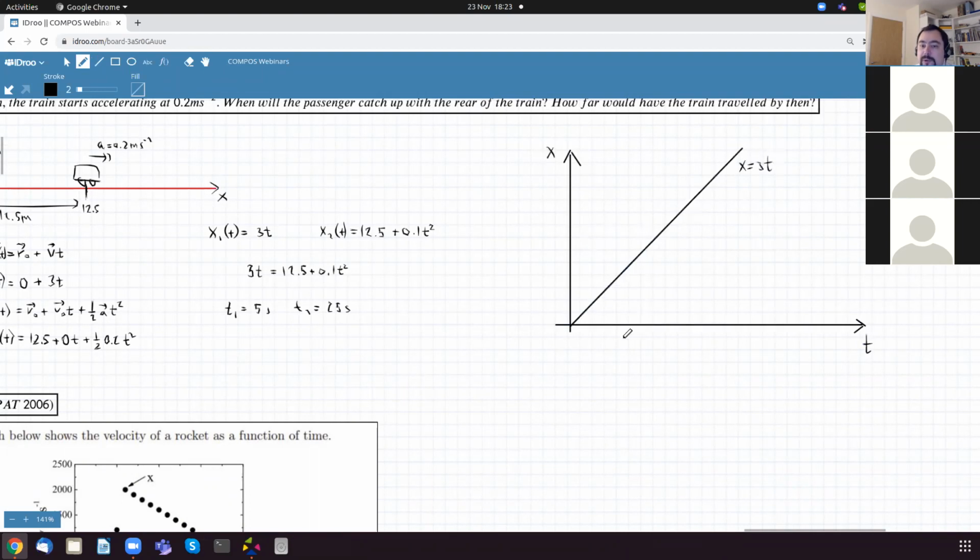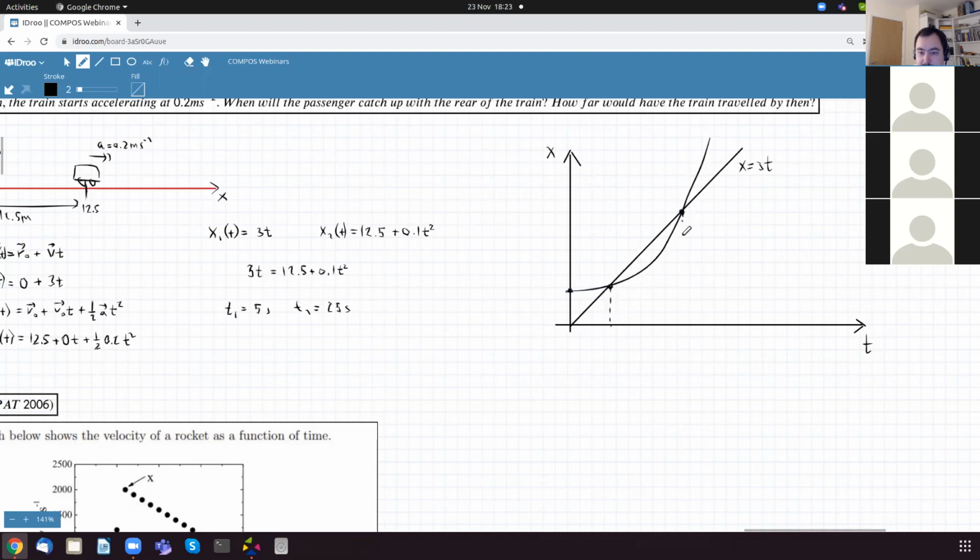This is the equation of motion of the passenger. And if you draw for the train, well, the train goes like this. It starts from this point, and then it is a parabola. So actually, the train and the passenger meet twice.